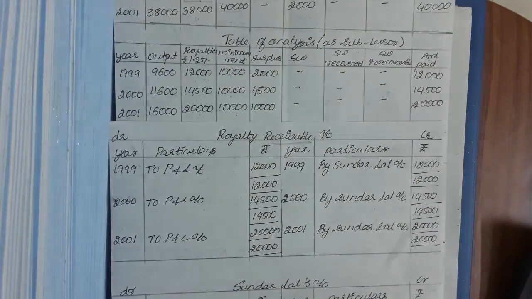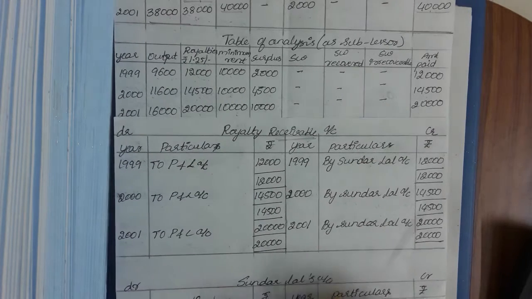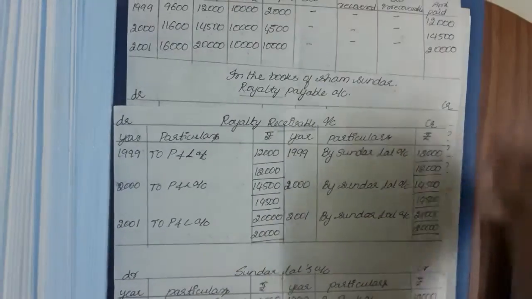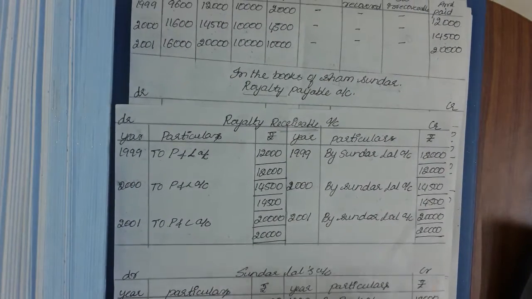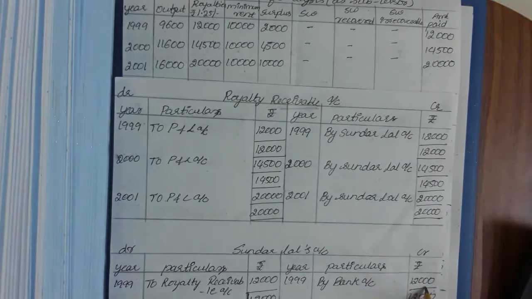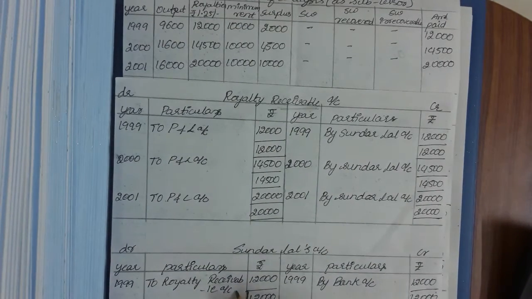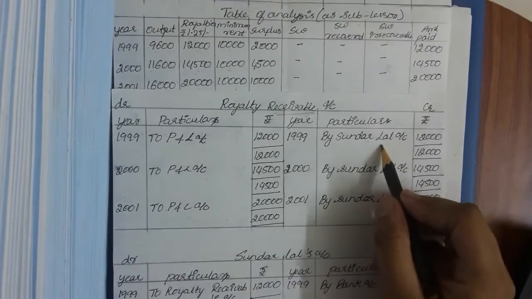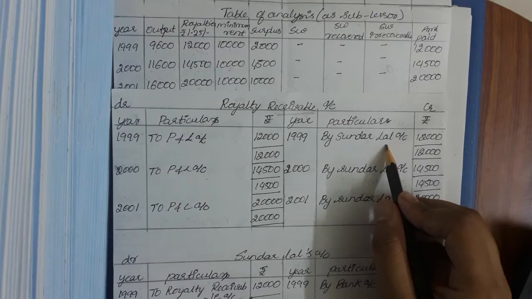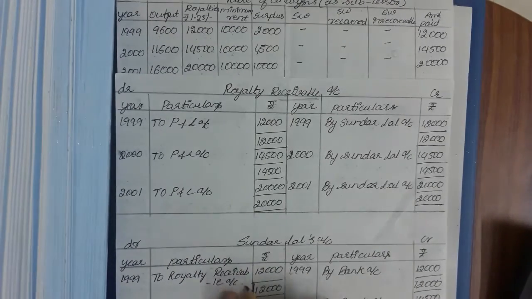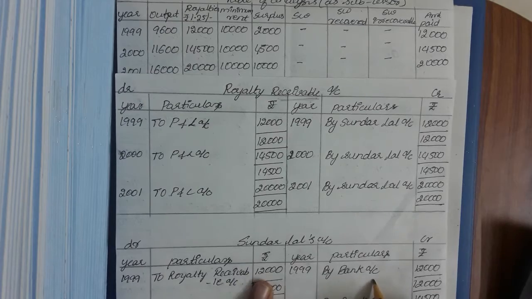So next, what is the account we need to prepare? Sundar Lal account, that is a sub-lessee account. How to prepare this sub-lessee account? This is so simple. You can see over here, by bank 12,000 to royalty receivable account. In the royalty receivable account you have credited the Sundar Lal name, right? So you can debit it over here, to royalty receivable account 12,000, by bank account.